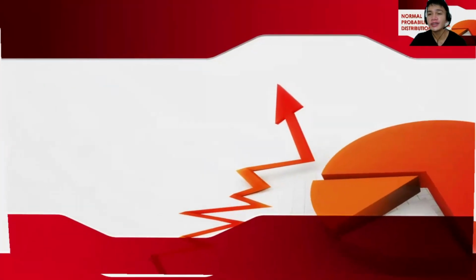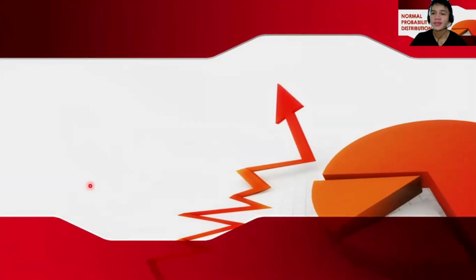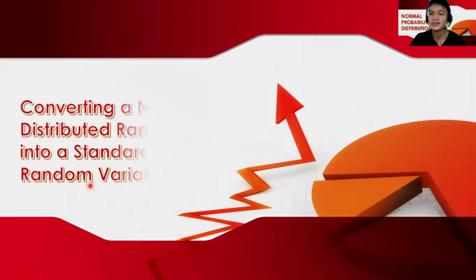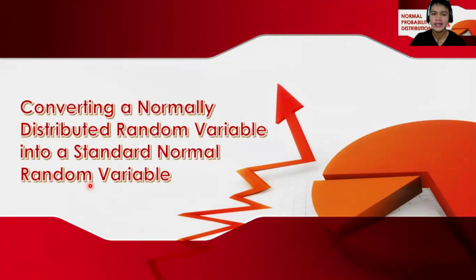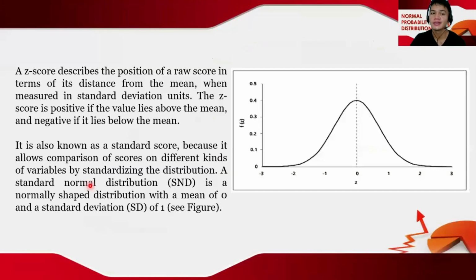Now, since we already mentioned the standard normal distribution, let's talk about converting a normally distributed random variable into a standard normal random variable. A z-score describes the position of the raw score in terms of its distance from the mean. When measured in standard deviation units, the z-score is positive if the value lies above the mean and negative if it lies below the mean.